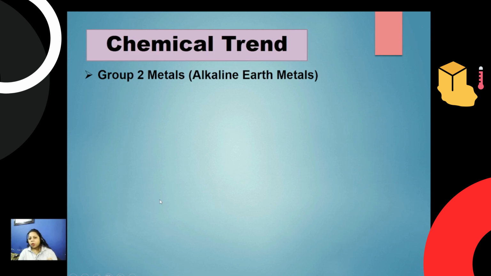When we talk about the chemical trend, first of all we need to keep in mind the ionization energy, because your chemical property is going to depend upon how easy it is to remove the electron. If it is easy to remove the electron, definitely the reaction is going to be easy. That's why the reactivity increases down the group, because the number of shells is more, the shielding effect is more, there is lesser attraction of the nucleus towards the outermost electrons, and they're easy to remove.